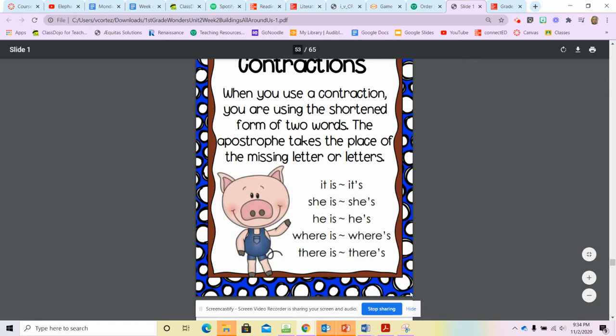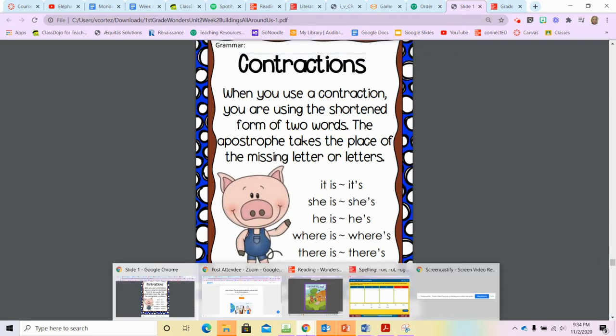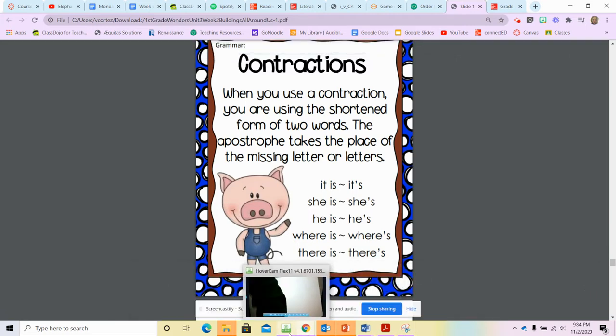So now we're going to take our whiteboard. I want you to do this with me. Grab your whiteboard, and we're going to practice some contractions. Say that with me. Contractions. So we're going to take our whiteboard and let's practice some of these contractions.